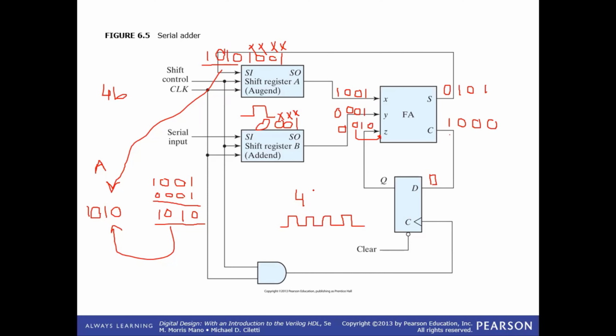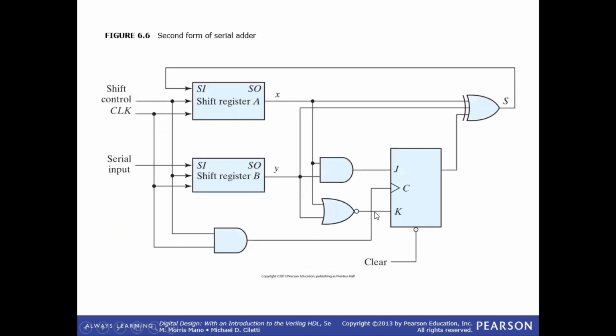So we needed 4 positive edges of the clock in order to maintain the sum in the serial register A. Yes, Zainab, we are adding in sequence over here right now. Whereas in that circuit, if I can open that for you, just a second.